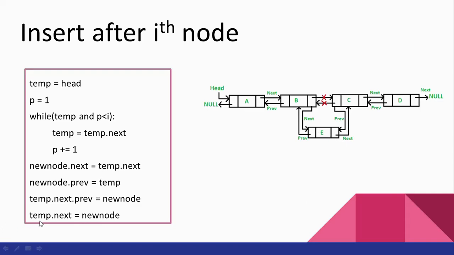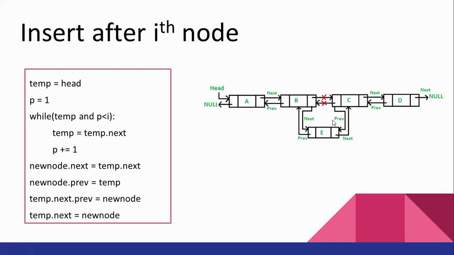The next one is temp.next = newNode. So instead of connecting B with C directly, we are connecting B with E, and E is connected to C. Thus it inserts a new node in the middle, at the ith position. Okay, I hope you are able to understand this difference while we are inserting a new node at some ith position.